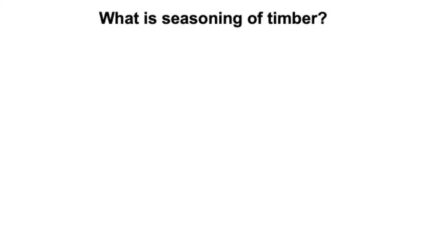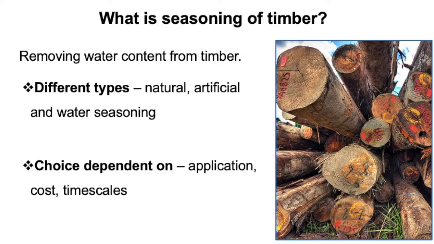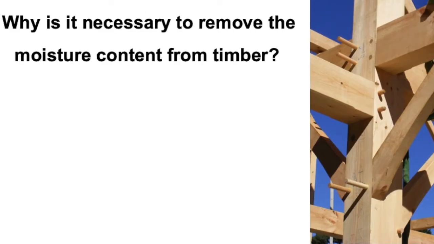This refers to the process of removing water content from the timber. You can do that through natural or artificial means, and the choice will depend on the cost and the time scale as well, because different processes take different time. Why is it necessary to remove moisture from wood?